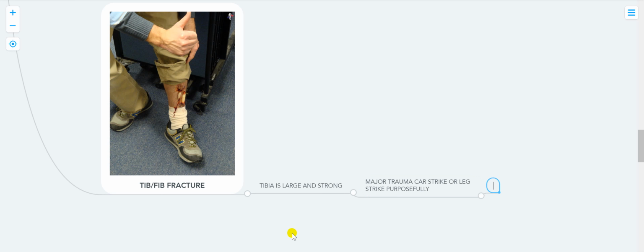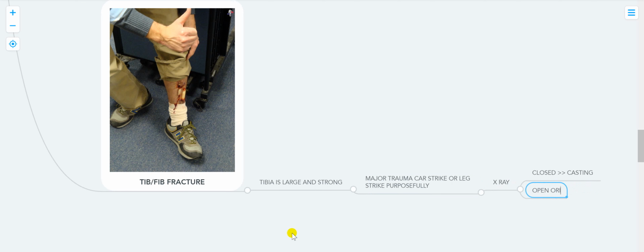Okay, so how do you diagnose that? X-ray usually. If it's closed, then we do casting. If it's open, then we do open reduction internal fixation, and nailing. Okay, so this is tibia fibula fracture.